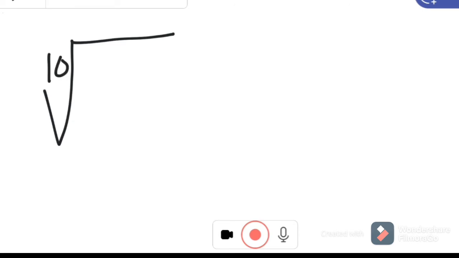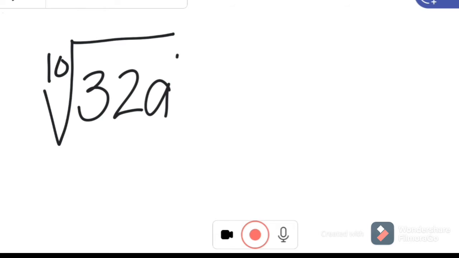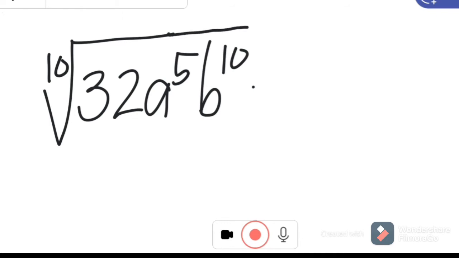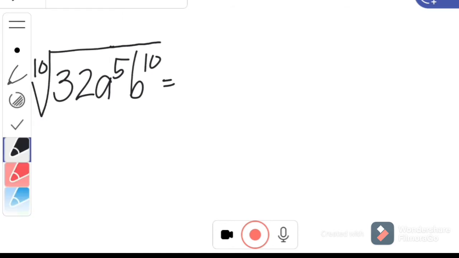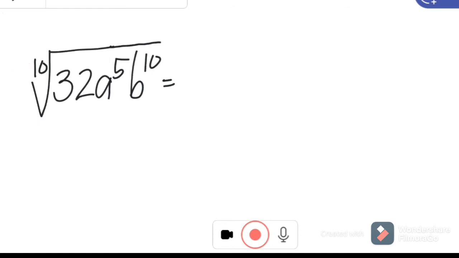The 10th root of 32, a raised to 5, b raised to 10. Extend the radical sign. So first, we factor the exponent: 2 and 5. Okay? So which of these two factors can we use outside and inside the radical as index?